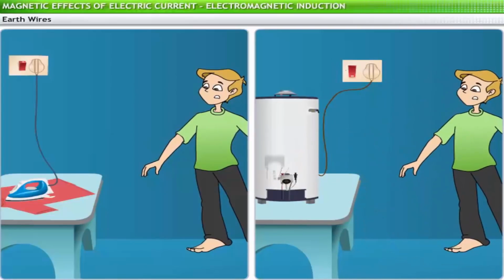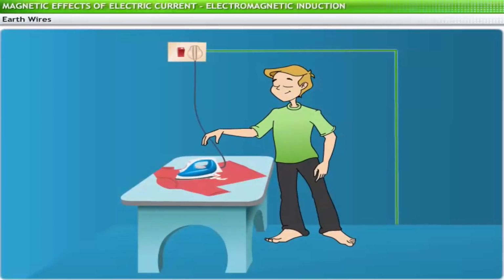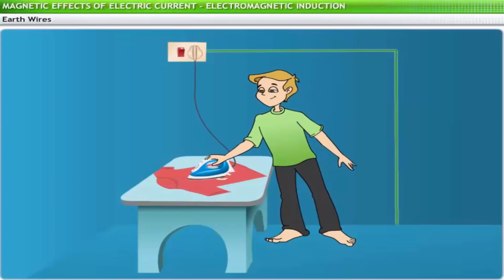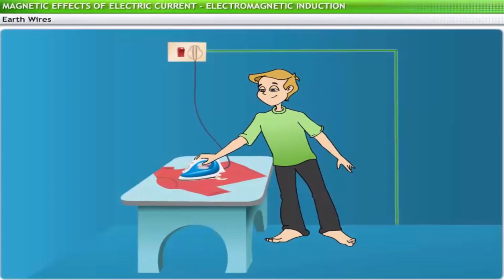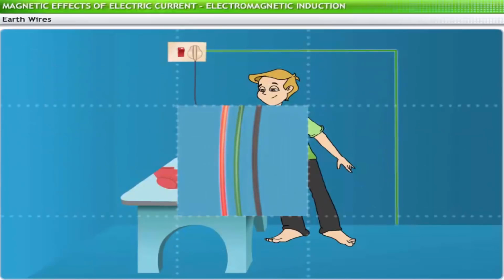This can result in an electric shock and may, at times, also prove fatal. Connecting the metallic bodies of these appliances to earth wire ensures that any current leakages are conveyed to the earth. Hence, earth wires save users from severe electric shocks. Earth wires are generally insulated in green color.